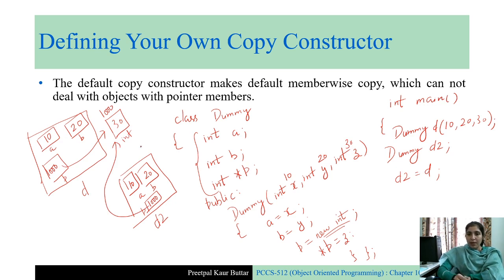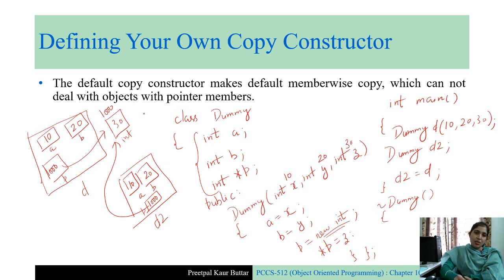Now imagine that we have also created a destructor here. Suppose this is the end of the main function, and this is the destructor which is also part of this class. A destructor starts with a tilde, it takes no arguments, and the function of the destructor is to release any memory which is held by this object. So is there any memory held by this object D or D2?